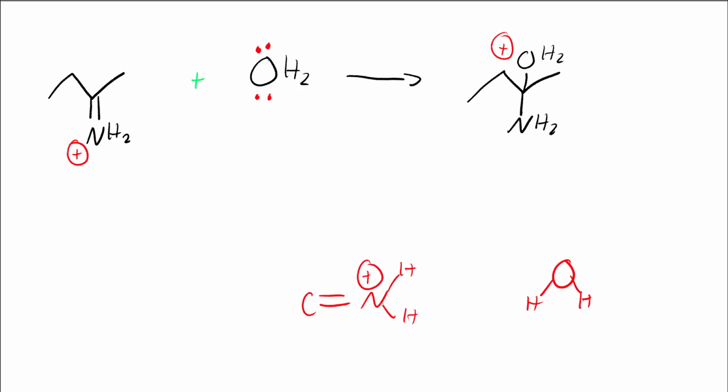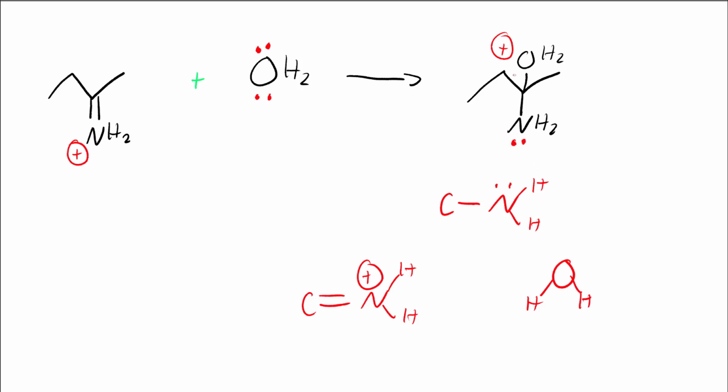It doesn't have any lone pairs. What about this one? What about carbon, nitrogen, and H? Well, 2, 4, 6, 7, 8. 5 minus 2 electrons is 3, and 3 minus 3 is neutral. So hey, this does have some lone pairs.